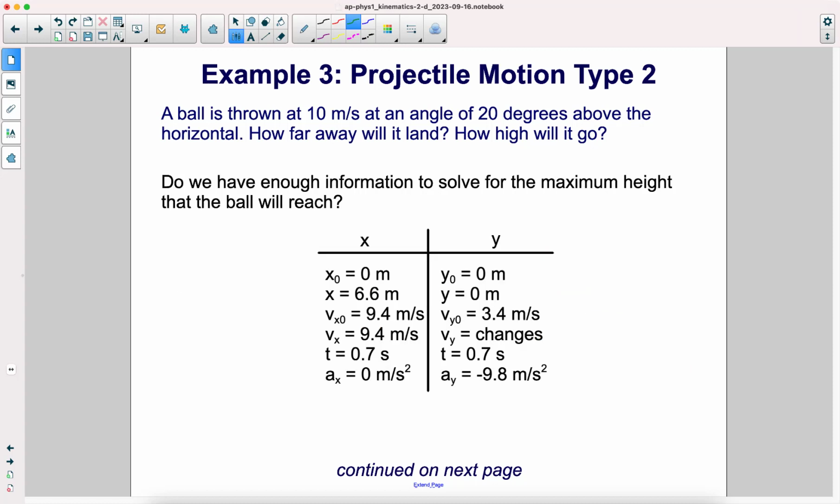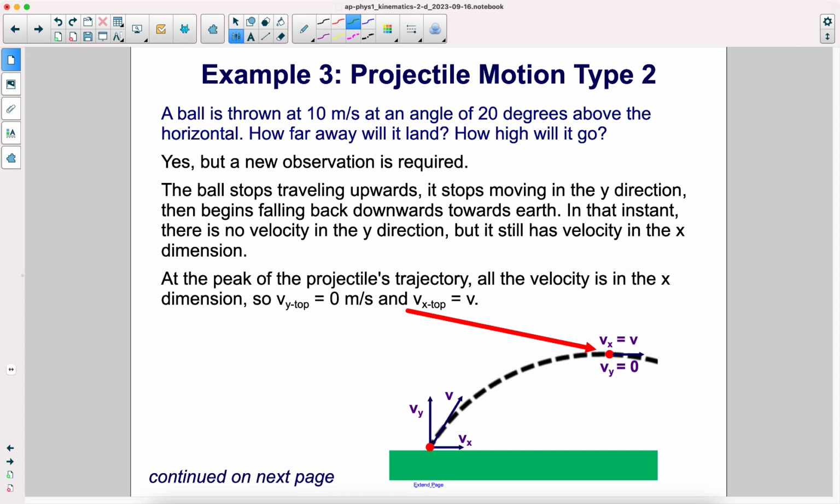Do we have enough information to solve for the maximum height that the ball will reach? Yes, but a new observation is required. At the very top, the ball stops traveling upwards. It stops moving in the y direction, then begins falling back downwards towards Earth.